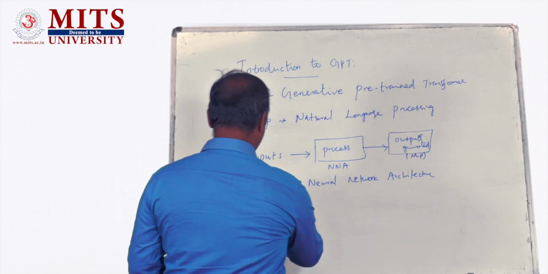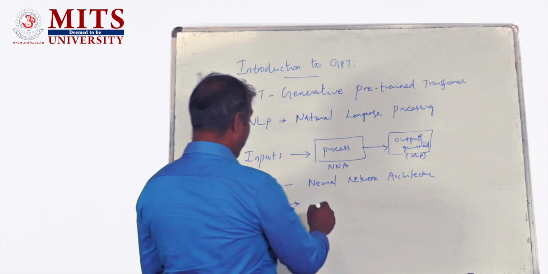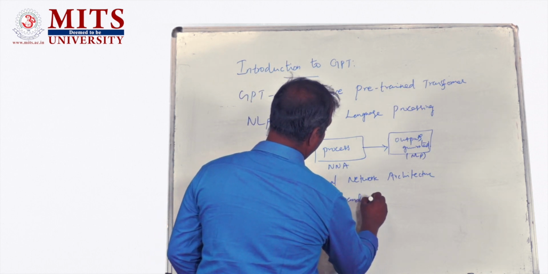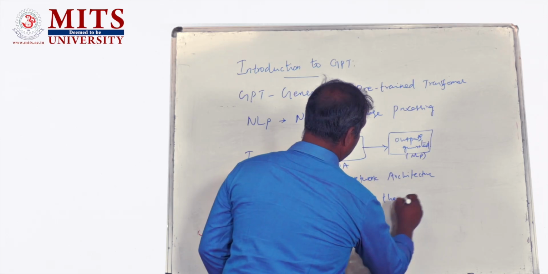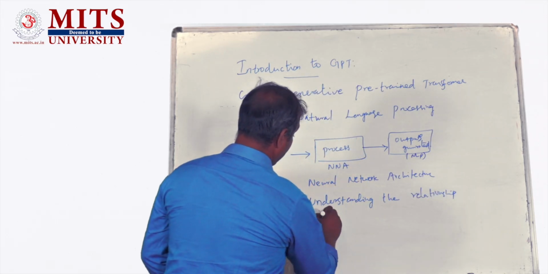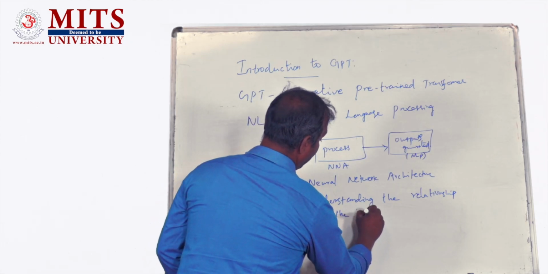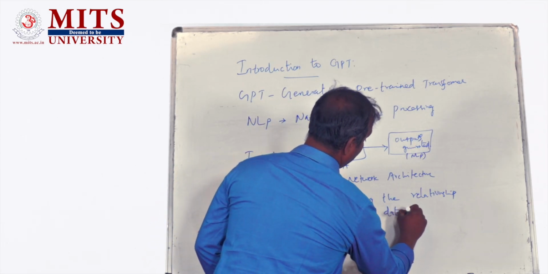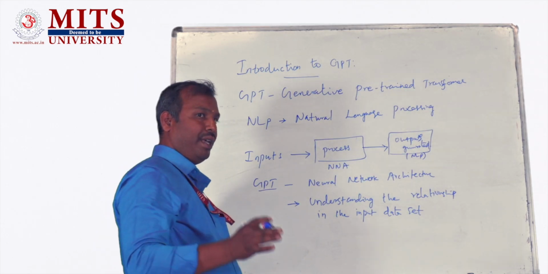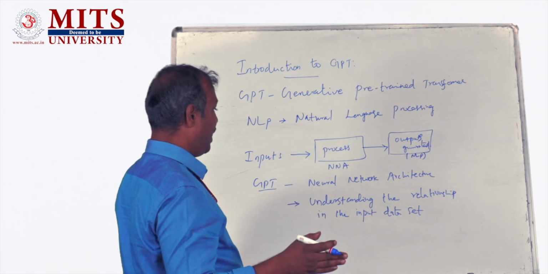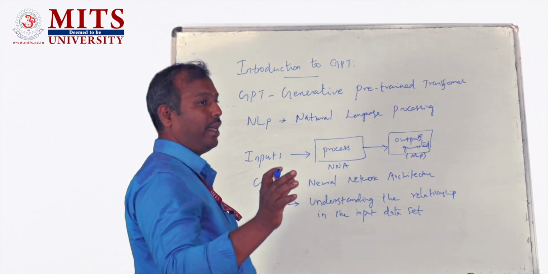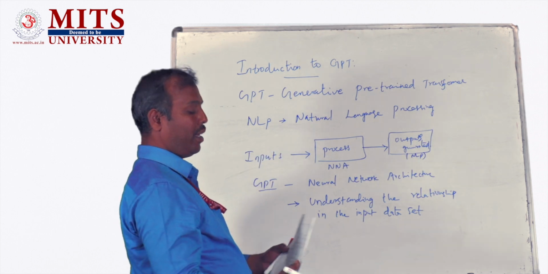It mostly focuses on understanding the relationship in the input data set. This is the main purpose of GPT. GPT is the base for natural language processing, and it finds the apt output for the given input data set.